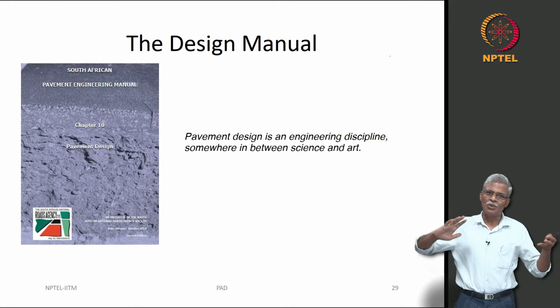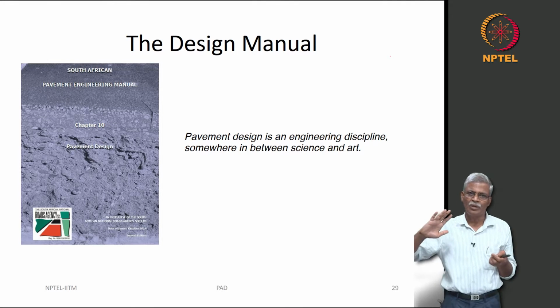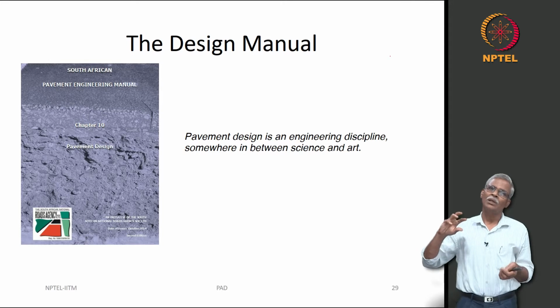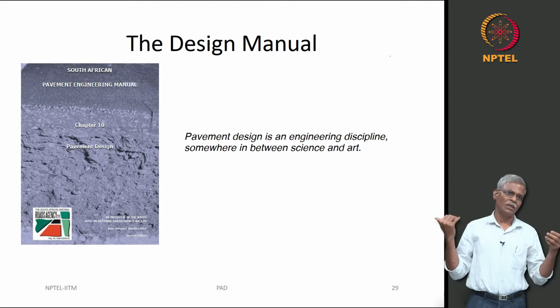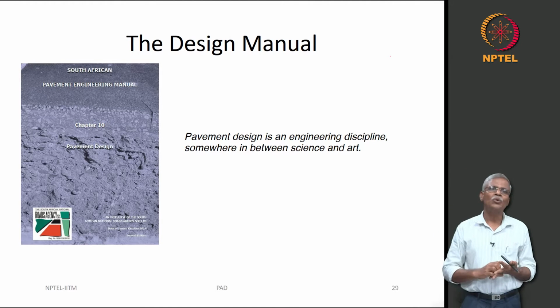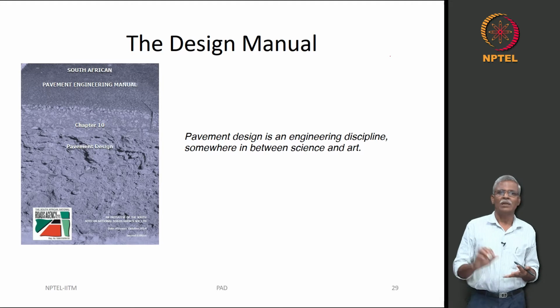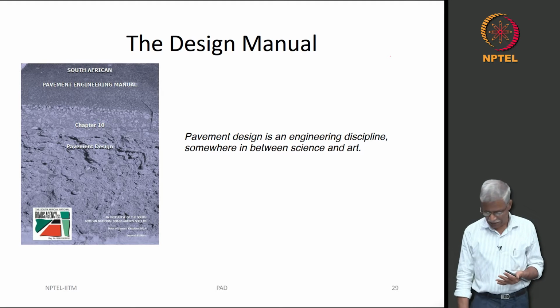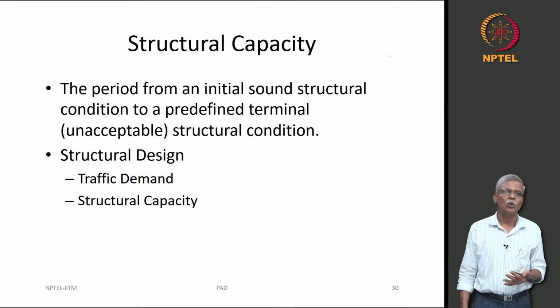So, there seems to be some kind of gut feel, engineer's intuition, uncommon common sense that gets into the whole design part. And there are a few important concepts that you will see only in the South African Pavement Engineering Manual, and that is something that we will discuss as we go along.